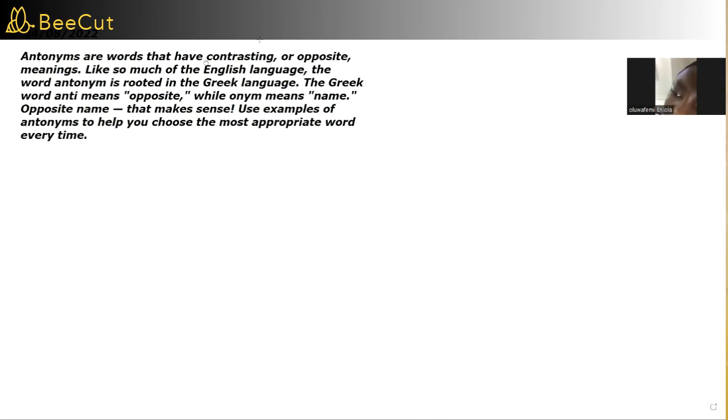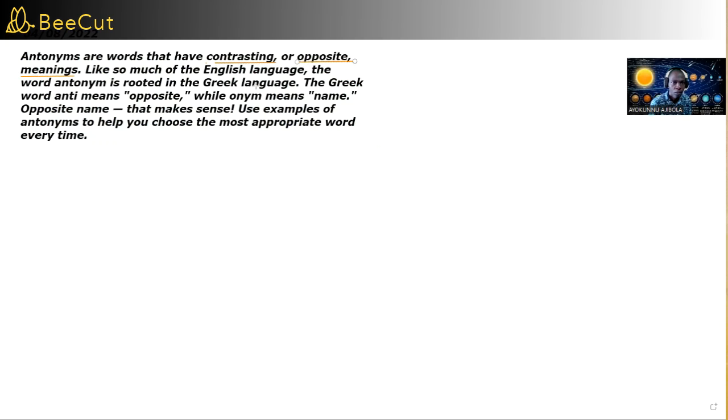Okay, so contrasting or opposite meaning. Let me draw a line there. So these are words with contrasting meaning or opposite meaning.